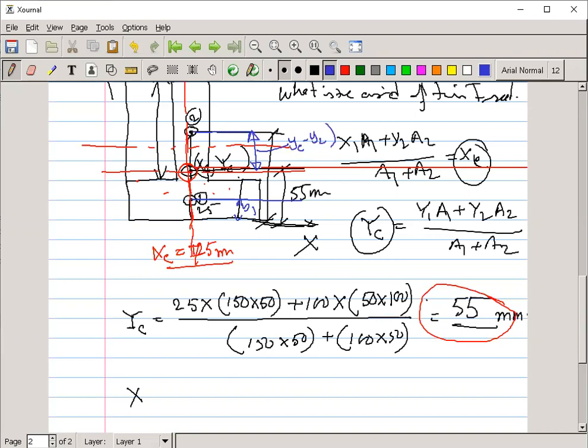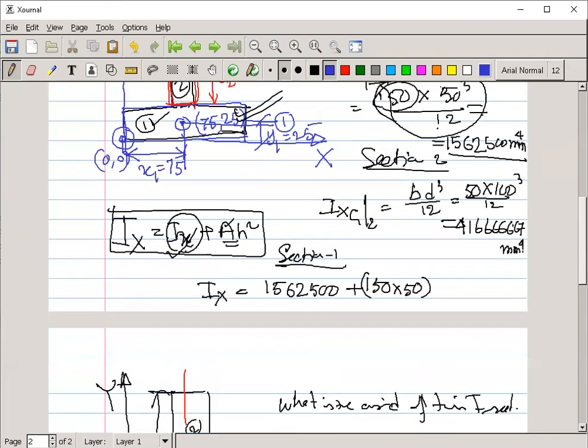This is the distance between the section 2 centroid and the whole composite centroid. So we have to put this value now here.